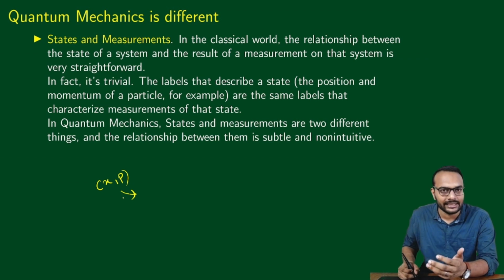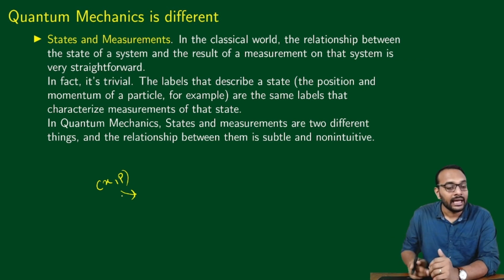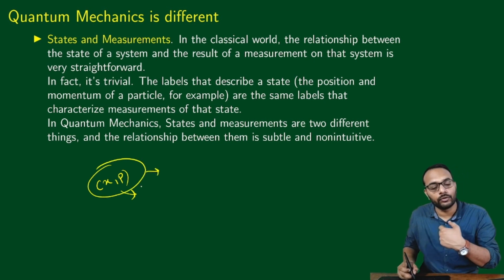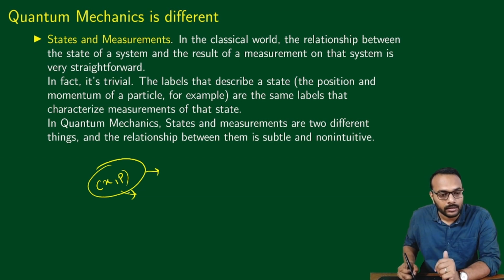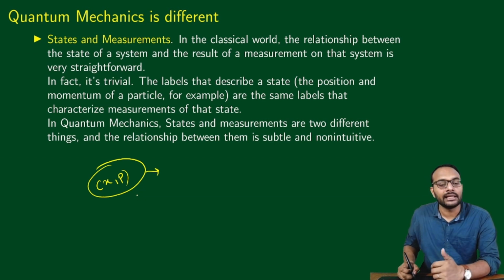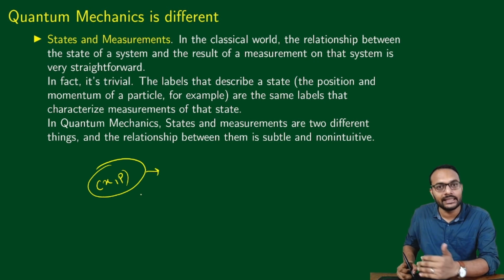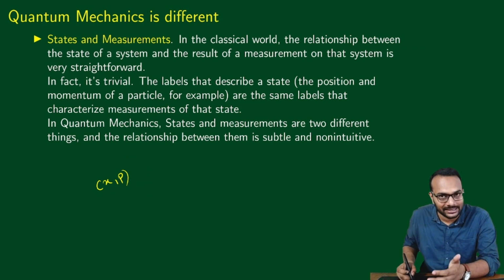You can find its kinetic energy, you can find its angular momentum, everything. All right. So specification of the state in classical mechanics is also the specification of measurement outcomes. All right. So if I specify the state, that automatically specifies the possible measurement outcomes. If I know the state, I can calculate all possible measurement outcomes. I'll know with certainty what are the possible measurement outcomes.